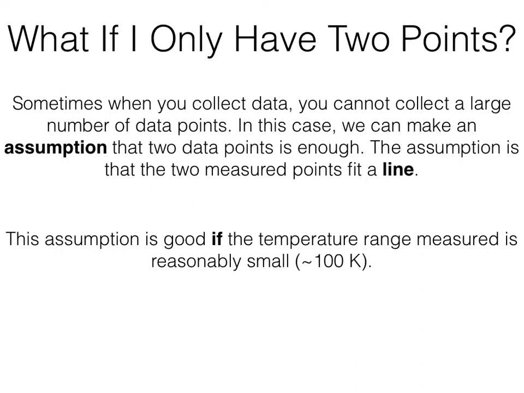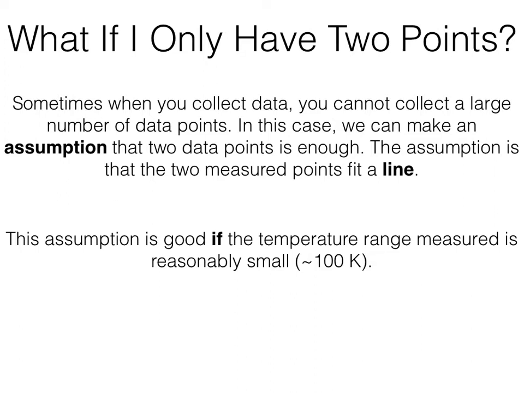In the previous video, we talked about how to experimentally use the Clausius-Clapeyron, and that would be having multiple data points. Sometimes when you collect data, you cannot collect a large number of data points.